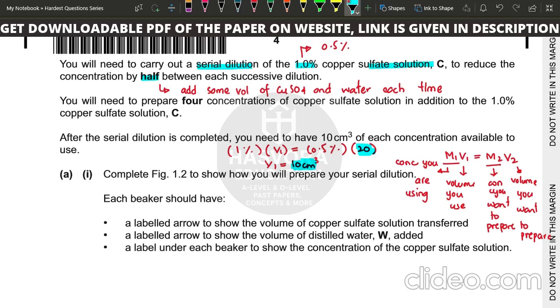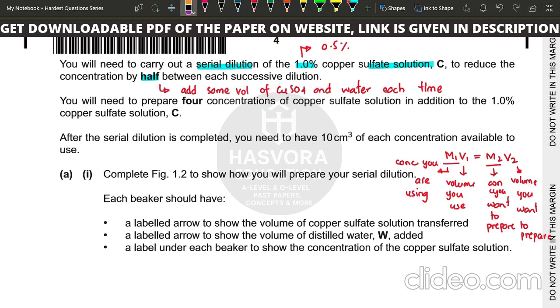Okay, so I hope you understand this. But just remember that in the case if you are doing serial dilution and you are reducing the concentration by half, in the case if you are preparing 20, you have to add 10 cm cube of that concentration and 10 cm cube of water.